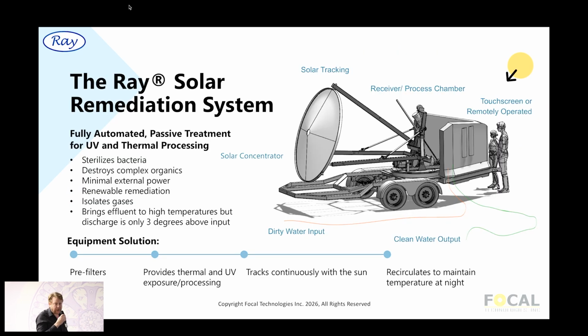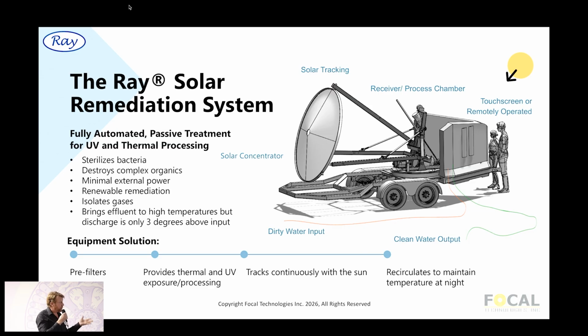So Ray uses a large lens to concentrate not only the heat, but also UV into an area where we can flow contaminated fluids, and the heat and UV combine to break down organics at the molecular level, but also to sterilize all bacteria simultaneously as it's going through the process.